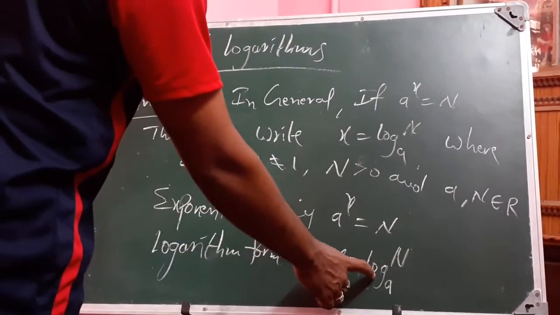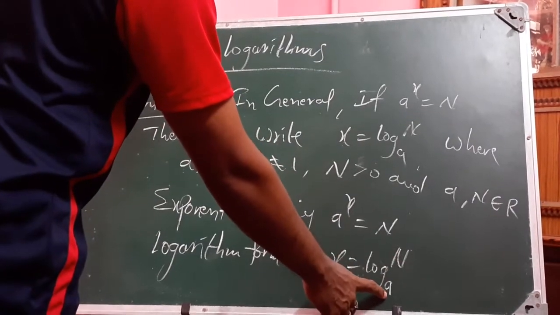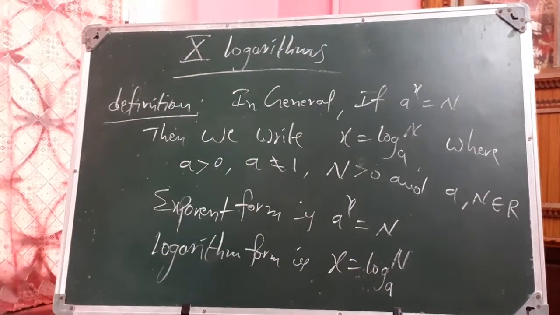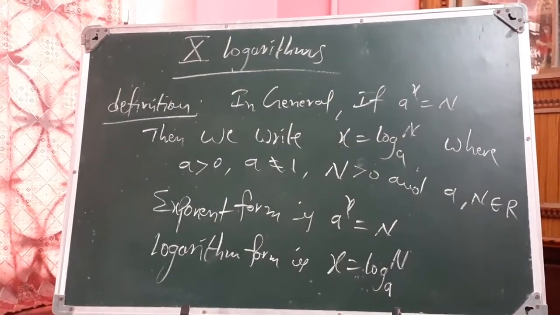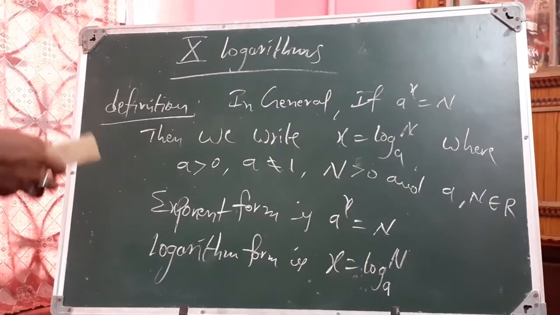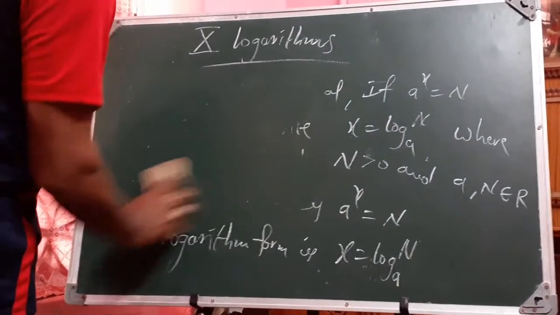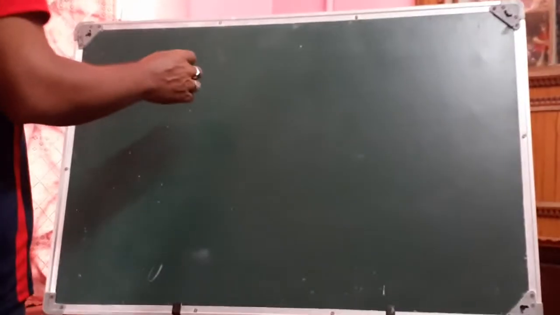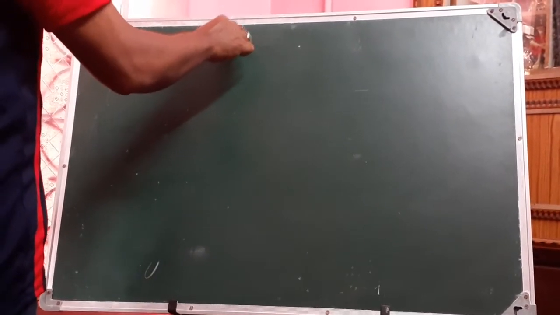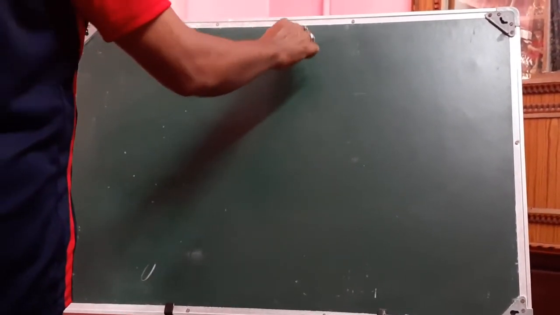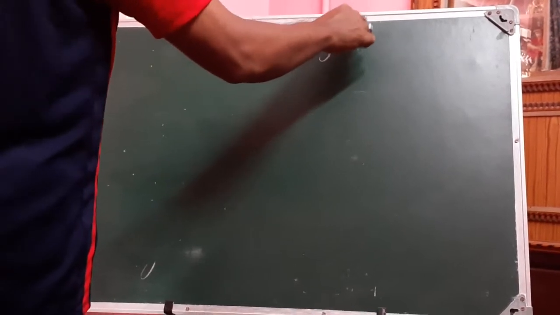Remember these two formulas: a to the power x is equal to n, and x is equal to log n to the base a. This is the exponent form, this is the logarithmic form.